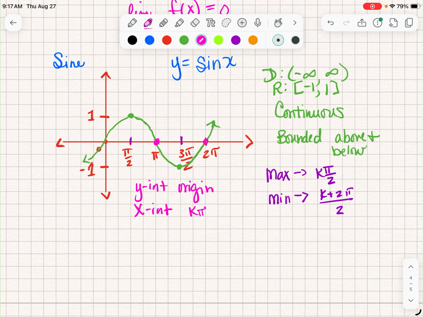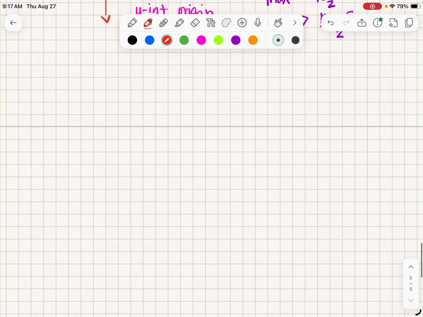Okay, so that's sine. So I'm going to sketch cosine, and honestly, the only difference between sine and cosine is pretty much your intercepts and your maxes and mins kind of flip-flop. So let me sketch that down here. Cosine.